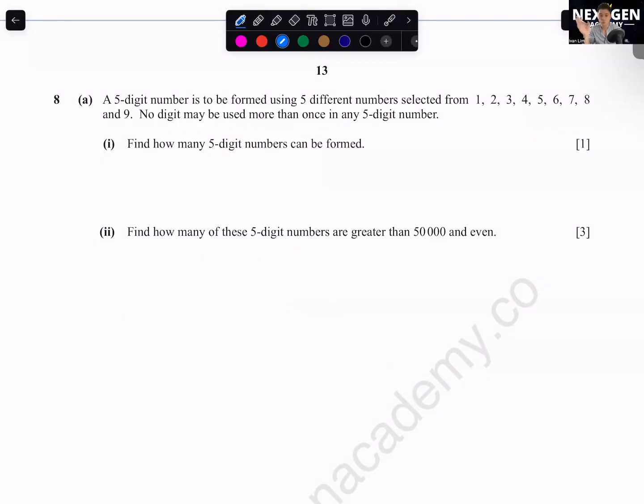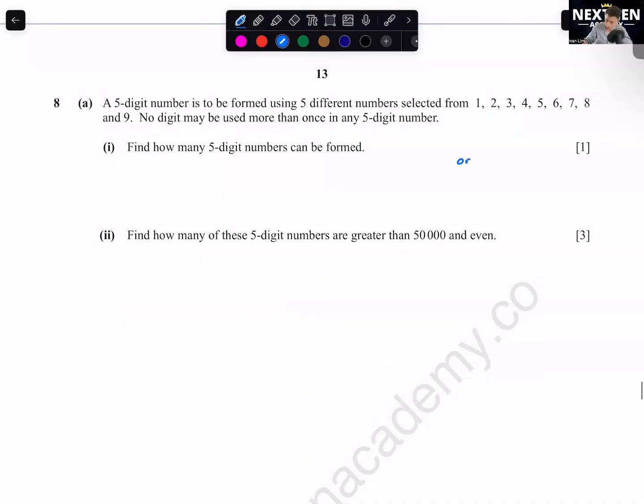Okay, you want to rearrange it. Normally, this one matters, so it will be permutation. So you write here, order matters, therefore permutation. Okay, so this one, first one, 9P5, 15120.